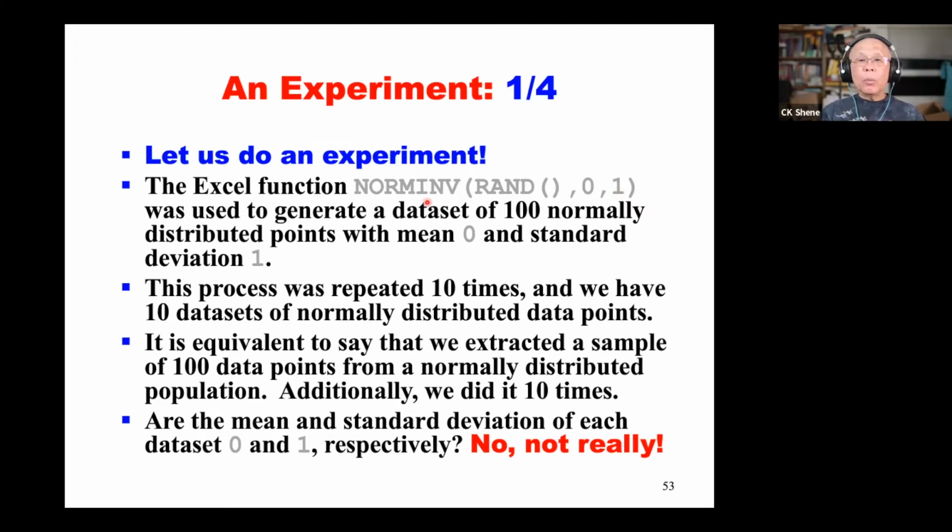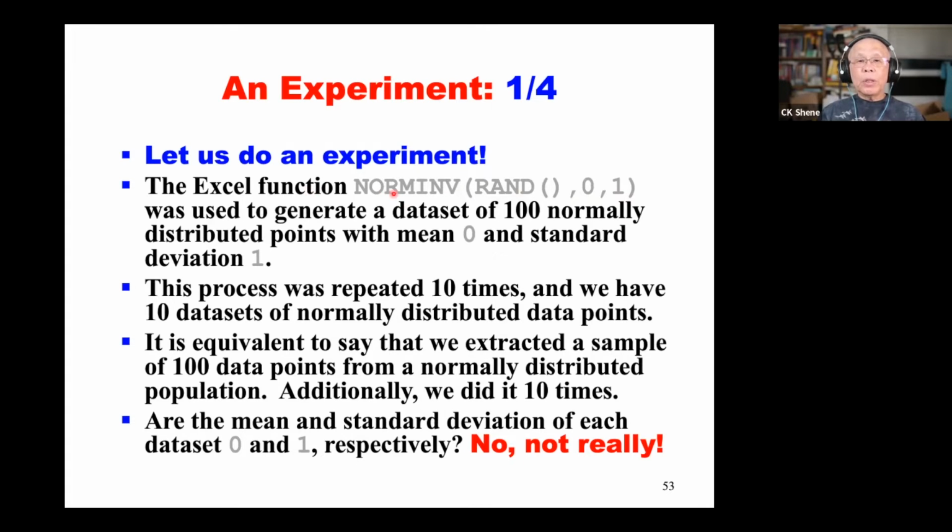So this NORM.INV written in this way would generate a data point from the normal distribution with mean 0, standard deviation 1. Because we use the uniform random number generator, the generated data is also normally distributed.